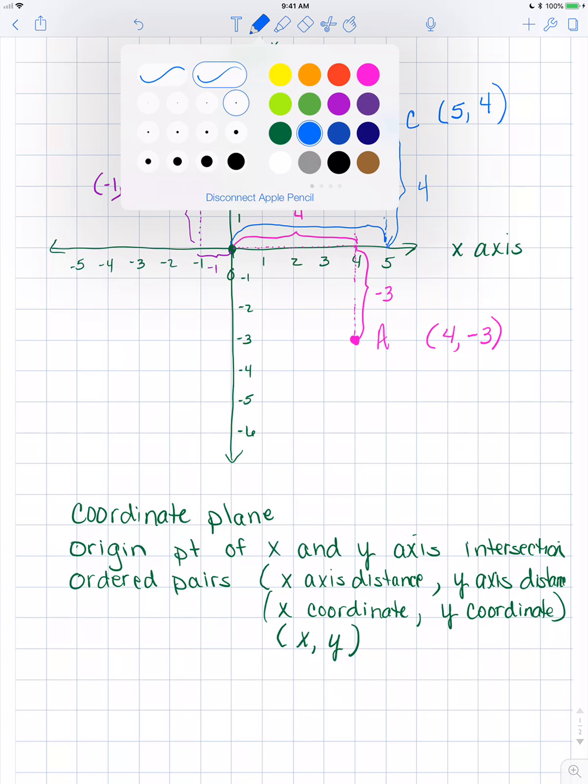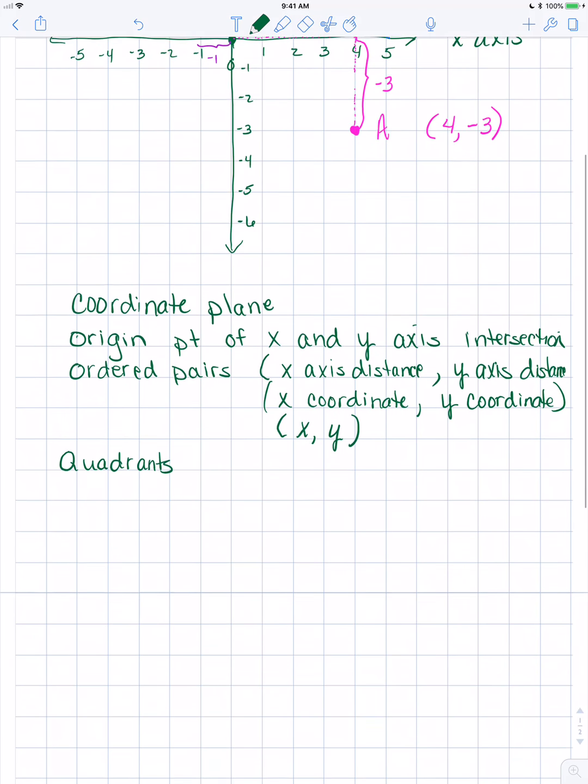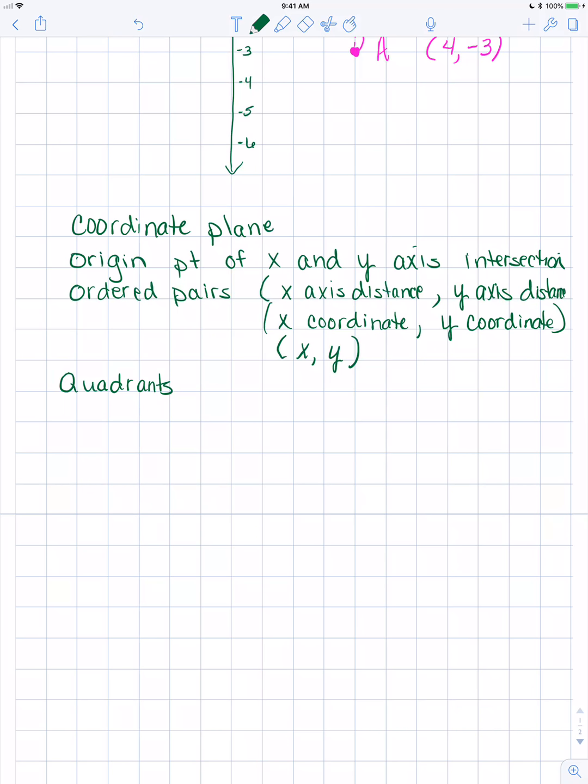The next thing that we want to talk about are the quadrants. So let me just draw another one here so you can see it. So we have quadrants in these things. And if we label these, and I'm just going to do a quick small one here for us, -1, -2.